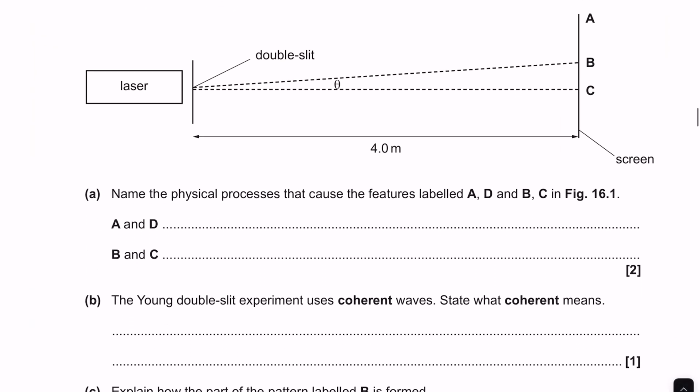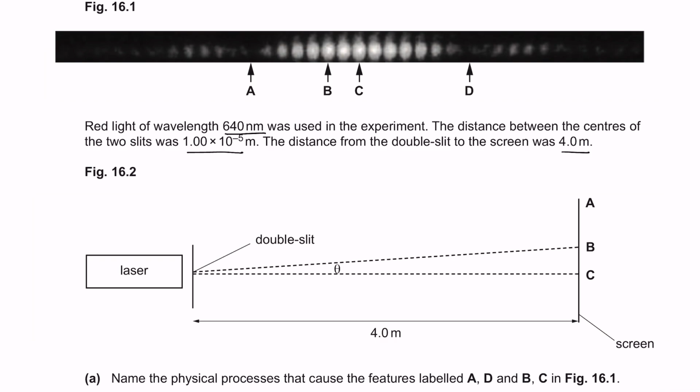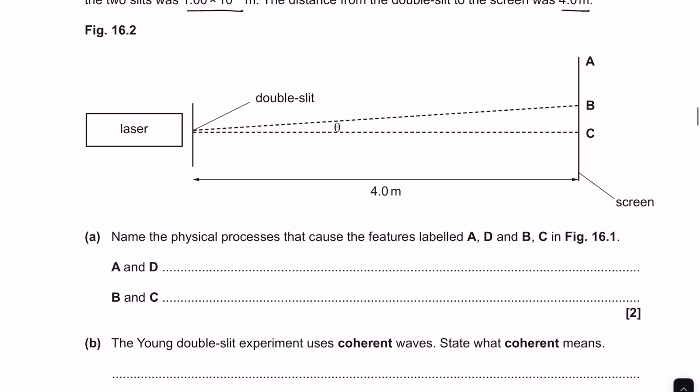So it says, name the physical processes that cause the features labeled A, D, B and C in figure 16.1. So A and D are basically dark fringes, so that is going to be due to destructive interference. Okay.